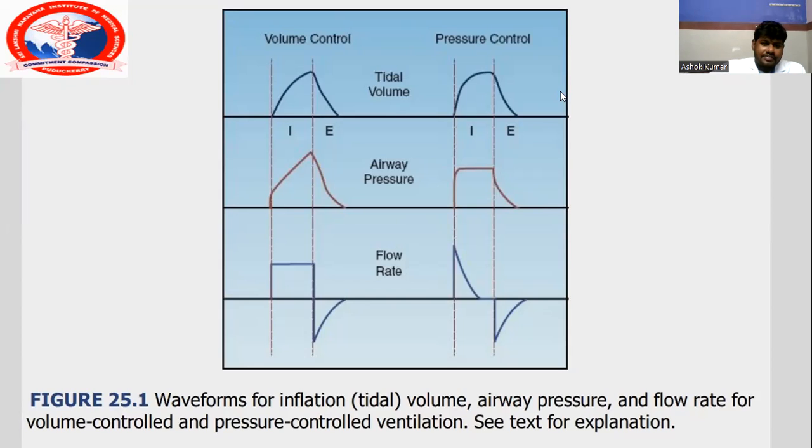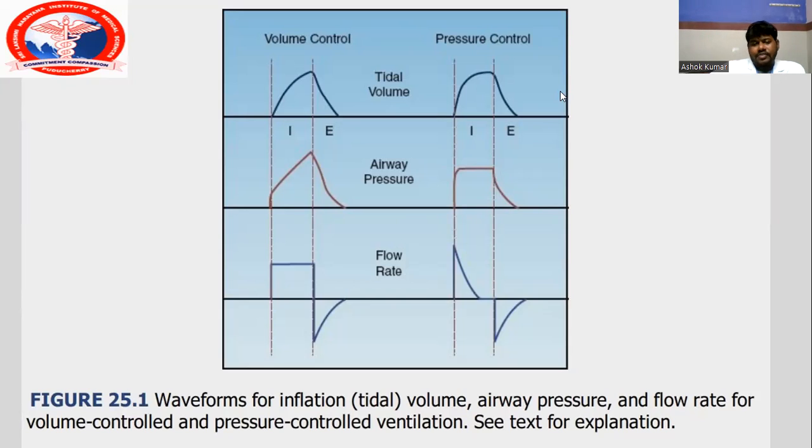In pressure control ventilation, the inflation pressure is pre-selected, because the inflation pressure is constant. The inflation volume increases during the early part of the ventilation and suddenly drops to zero during expiration.